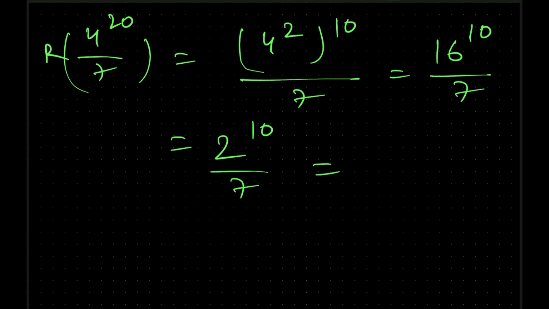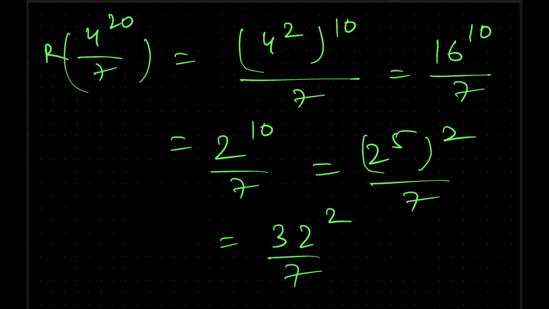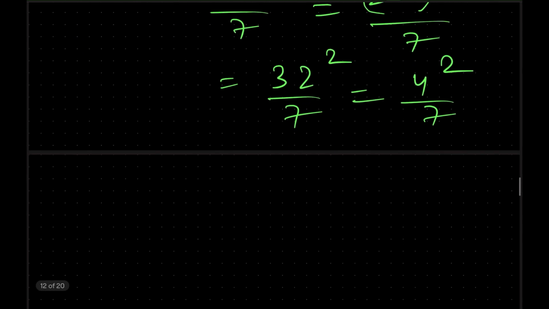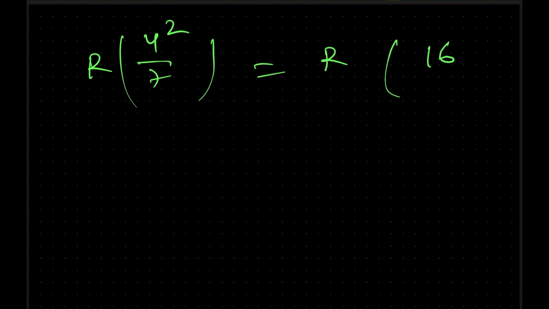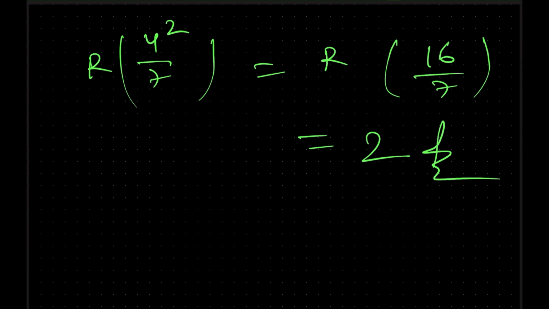Again, 2 to the power 5 is 32, so 32 squared by 7. When 32 is divided by 7, we get 4, so 4 squared by 7. So 4 squared is 16, and when 16 is divided by 7, we get 2 as remainder. So our final answer is 2.